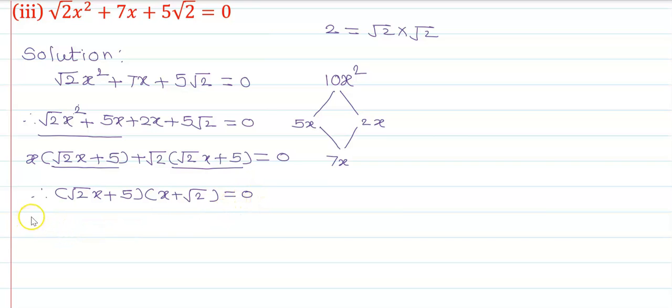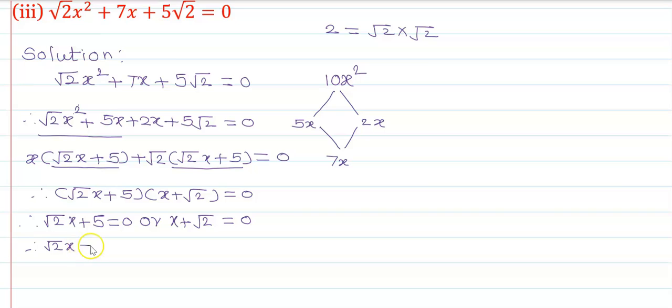Now next, therefore, root 2x plus 5 is equal to 0, or x plus root 2 is equal to 0, and we can solve this.